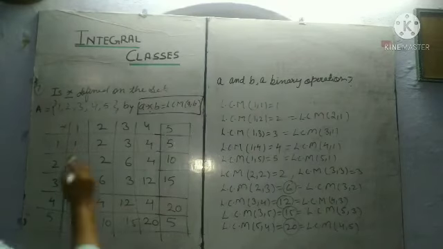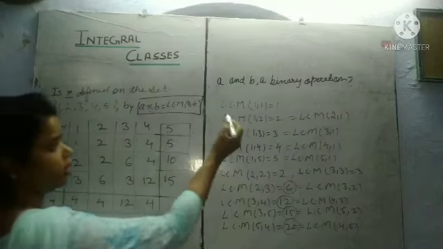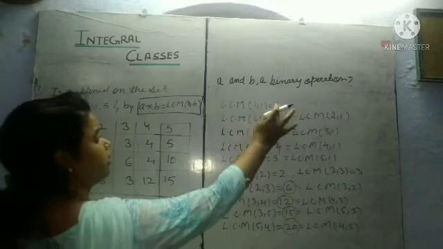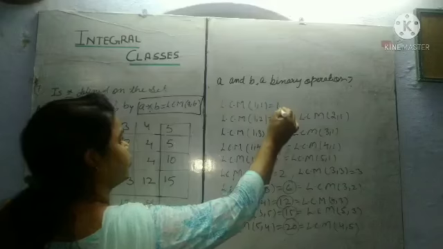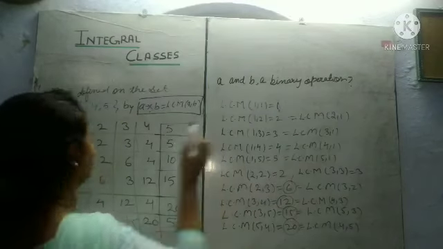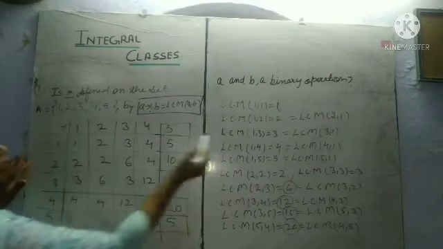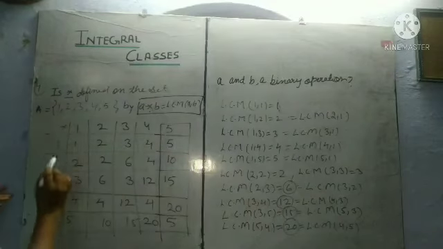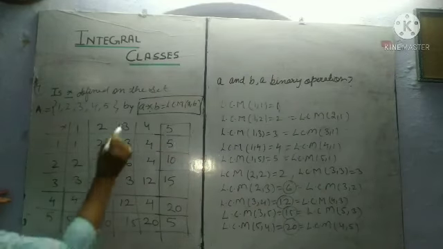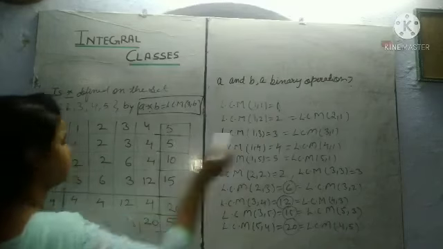Now student, as we observe here, if we find the LCM of 1 and 1, then the answer is also 1. Similarly, LCM of 1 and 2 is 2. LCM of 2 and 2 is 2. LCM of 1 and 3 is 3.